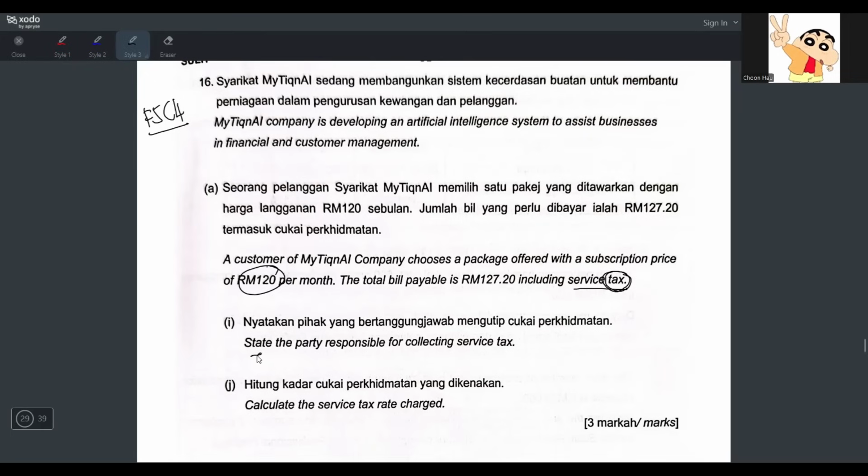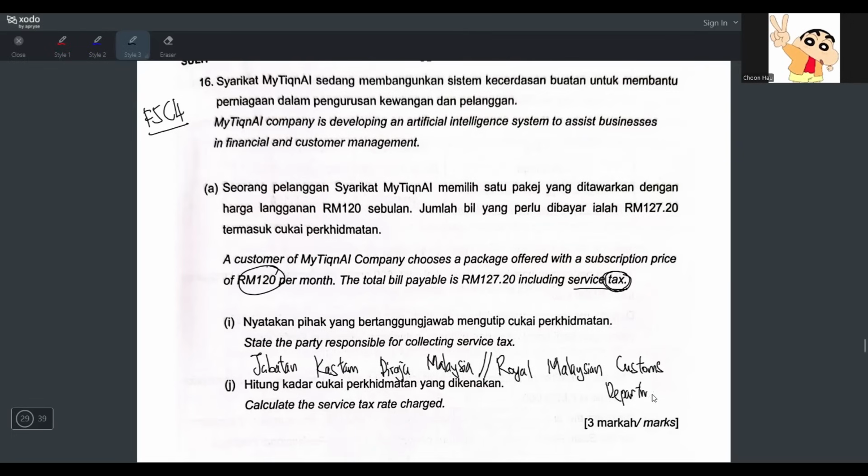Don't write JKDM, write the full name: Jabatan Kastam Diraja Malaysia. You can write in English also. In English, it's not called JKDM, it's called RMCD, Royal Malaysian Customs Department.